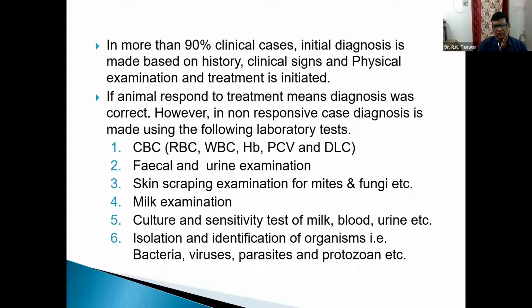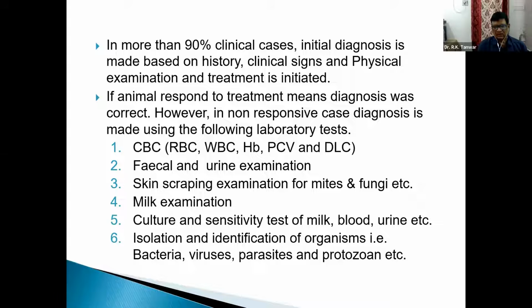We have a large number of skin diseases also, like lice, tick problems, mites, and fungal infections. Ticks are visible to the eye, whereas mites and fungi require scraping examination. Milk examination is required for mastitis, particularly subclinical mastitis.